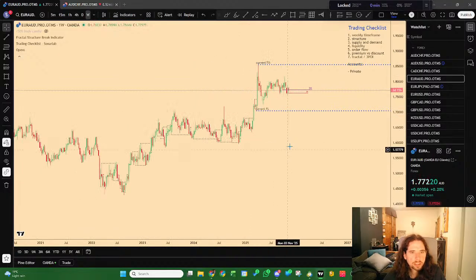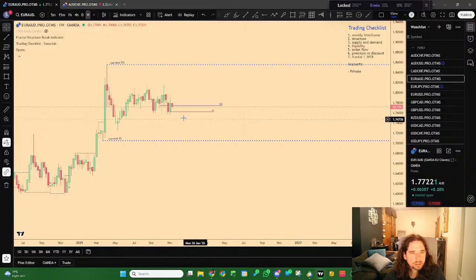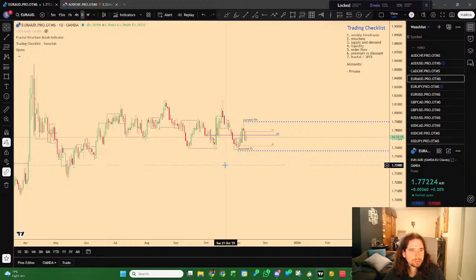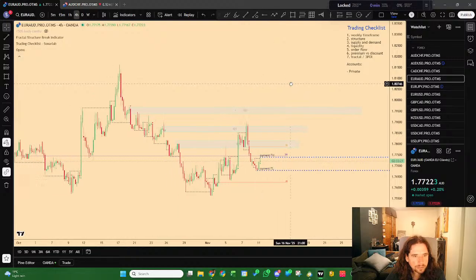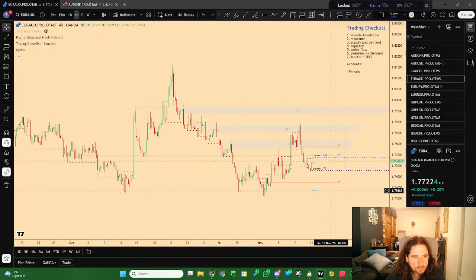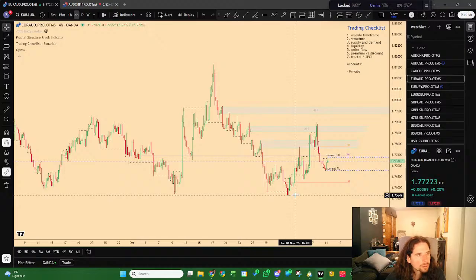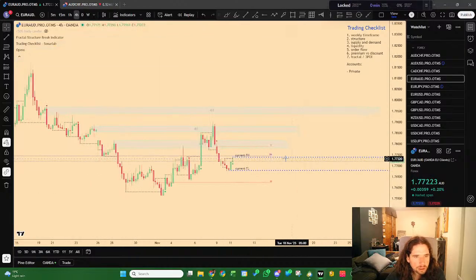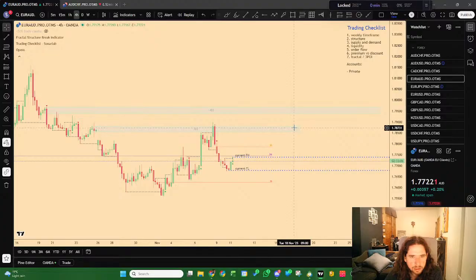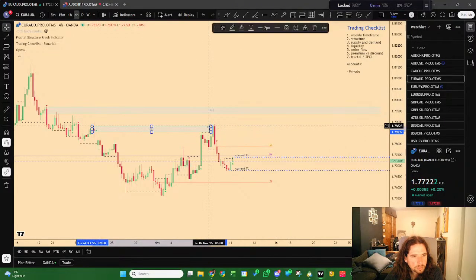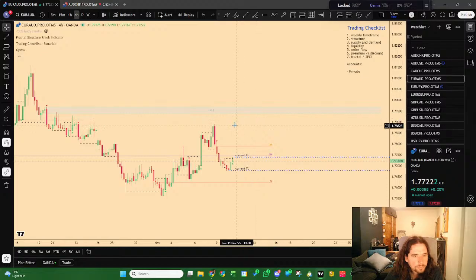Euro USD, it's definitely ranging on the weekly, so we're not looking for anything there. It's ranging quite heavily. On the 4 hour, that liquidity was taken.